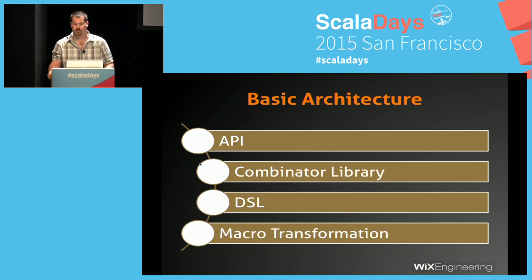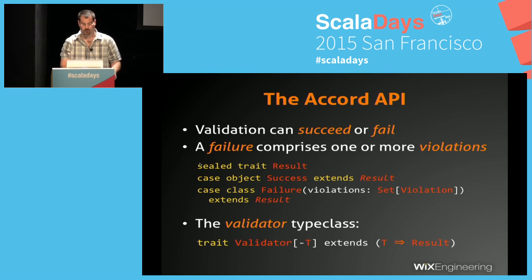We needed to come up with a new name, so combinators it is. There's a DSL for defining validation rules, and then there's the macro-based transformation that's going to be the focus of this presentation. So just a couple more things about the API, because that's going to allow us to have a more in-depth discussion about the macro.